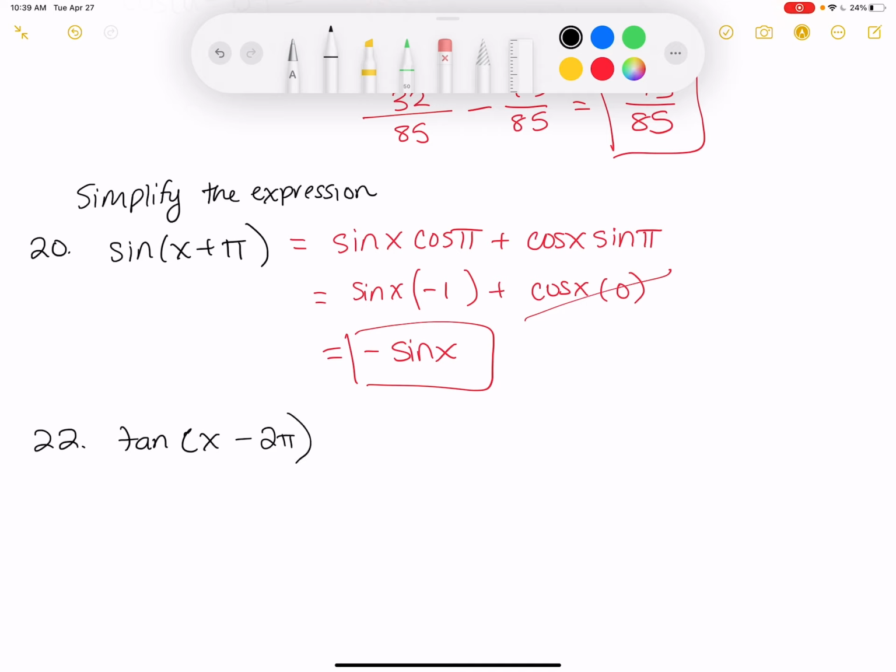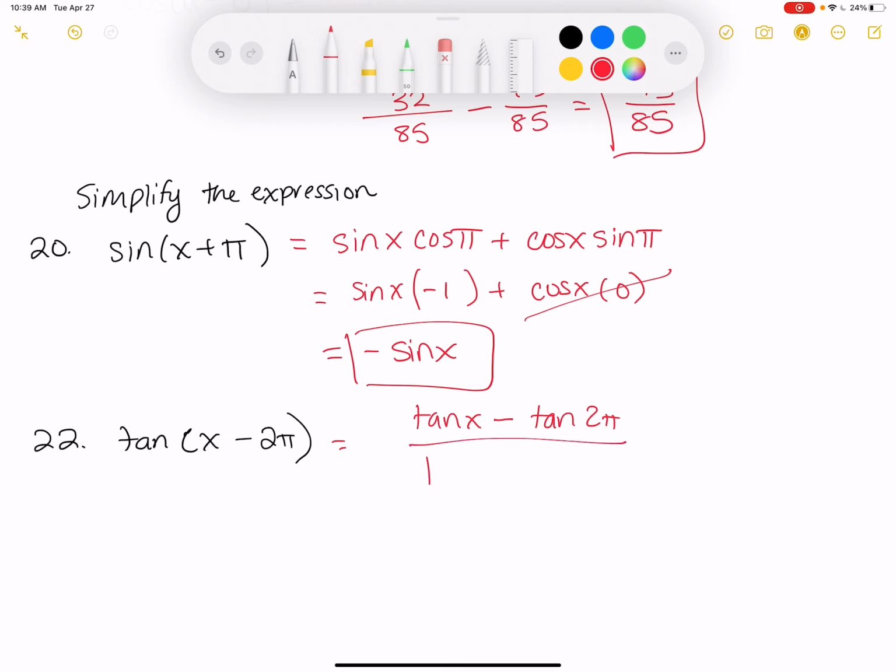All right, tangent of x minus 2 pi. So it'd be tangent of x minus tangent of 2 pi. For the tangent ones, the top sign stays the same and the bottom one changes.